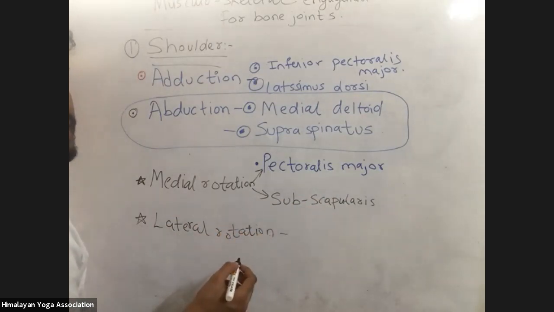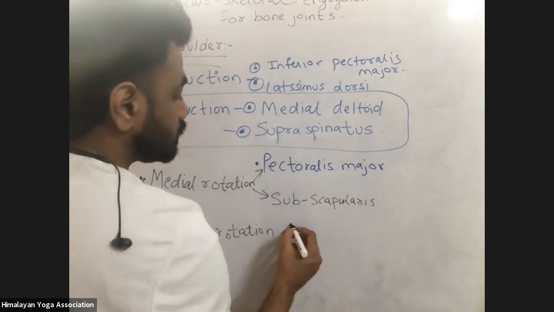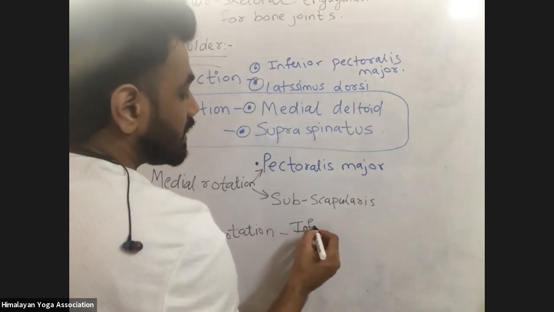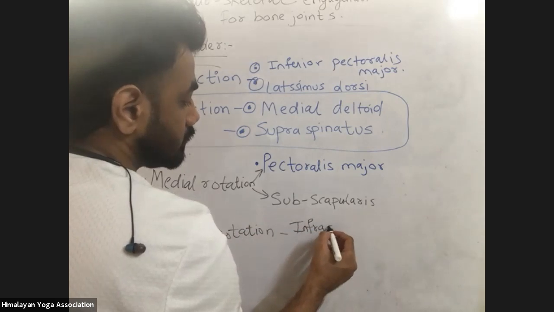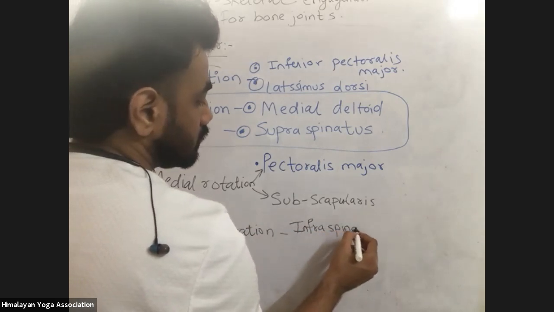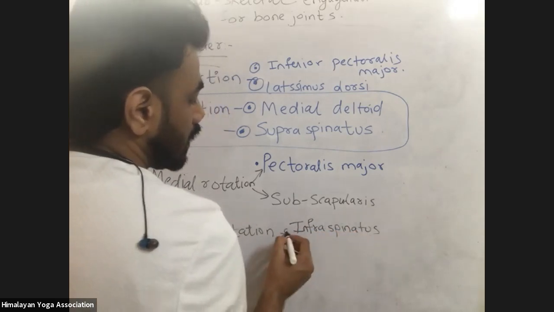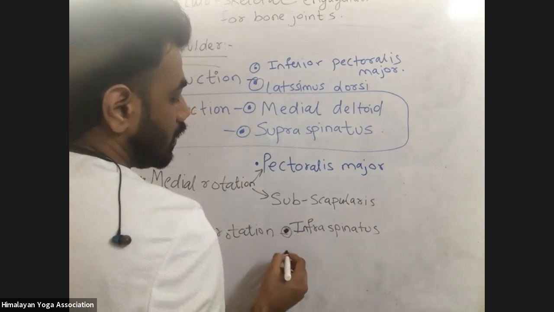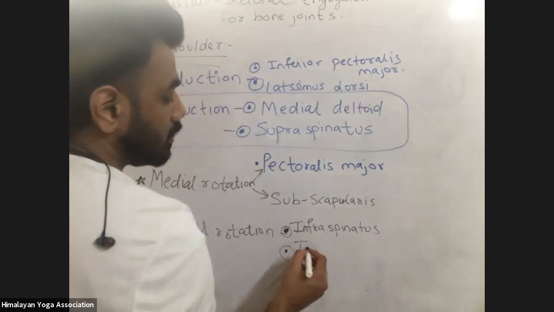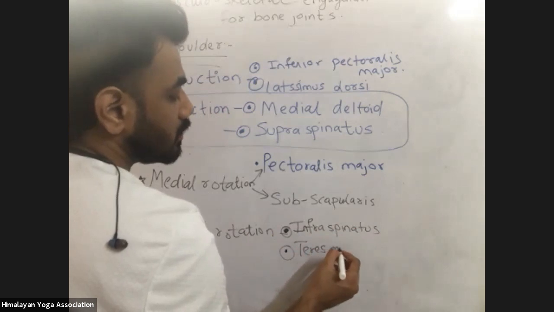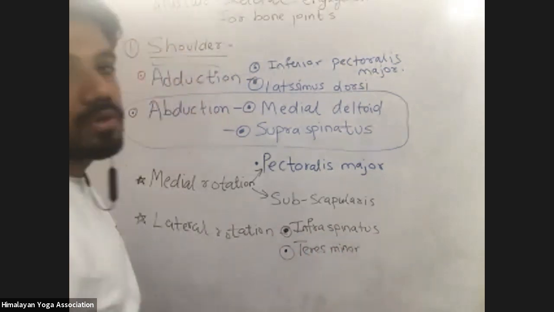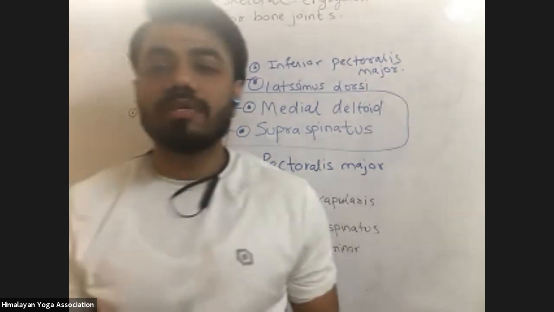The muscles here in the lateral rotation are infraspinatus and teres minor, the short and round muscle.